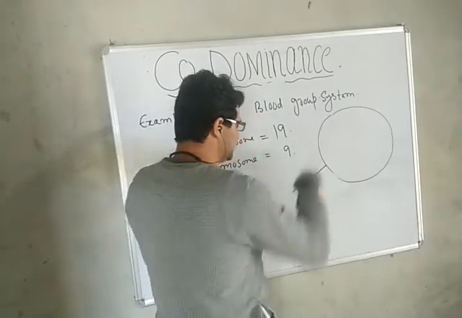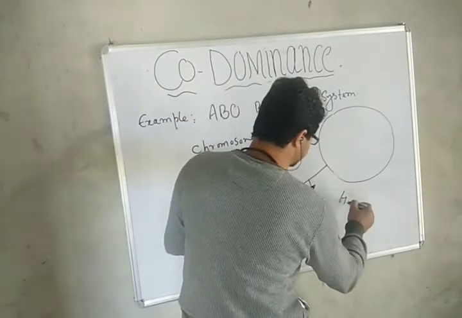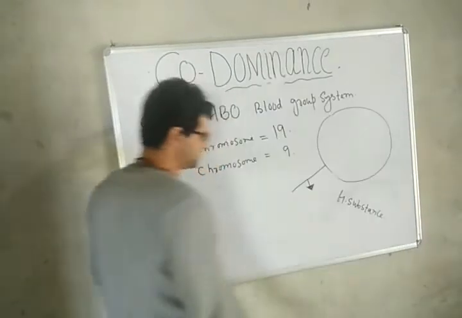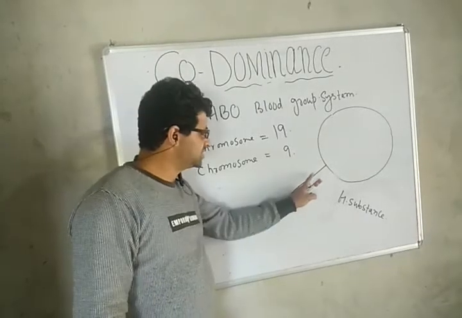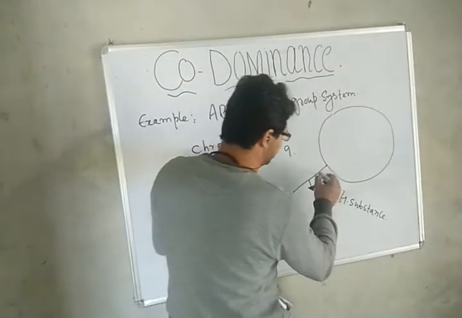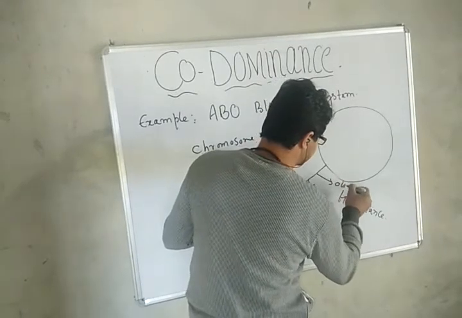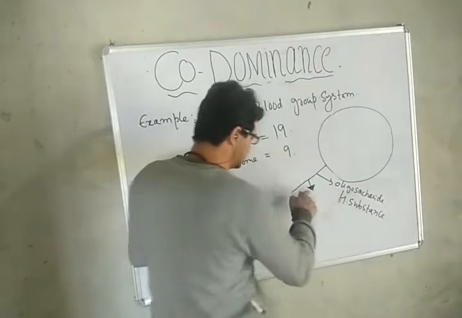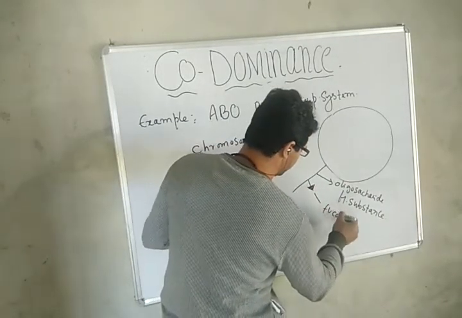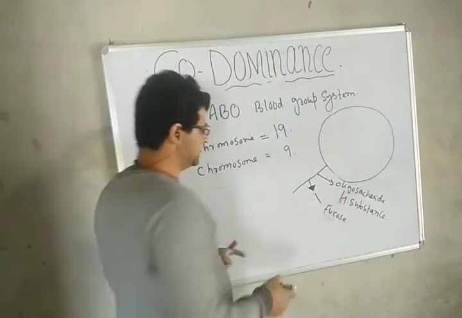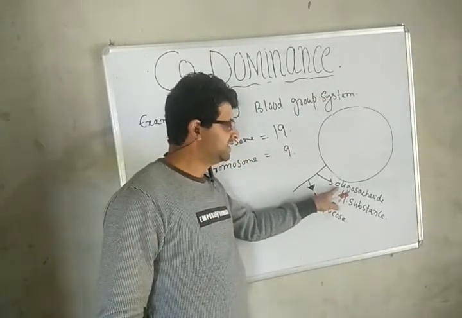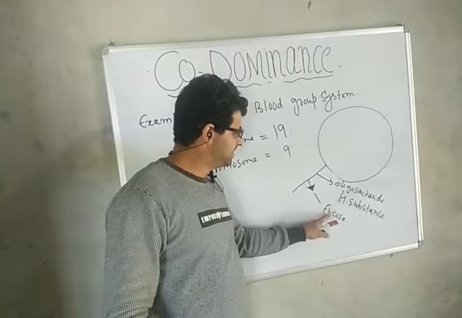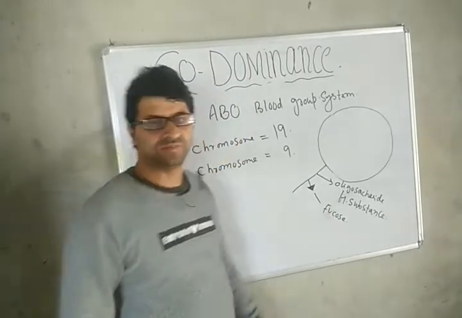The name of this substance is H substance. It is comprised of, number one, oligosaccharide, and number two, fructose sugar. It has oligosaccharides, the various kinds of sugar units, plus fructose is also present.